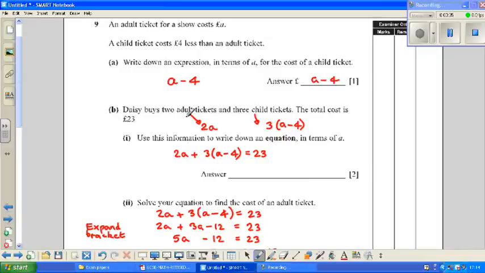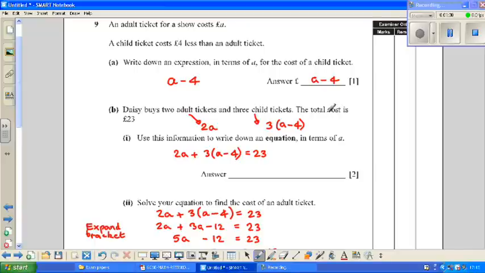Daisy buys 2 adult tickets, so remember they cost £8, so 2 of them is going to cost 2A, and 3 child tickets, so we know from the first part that the child ticket is A minus £4, but we want 3 of those, so we're going to have to put 3 multiplied by inside the bracket A minus 4.